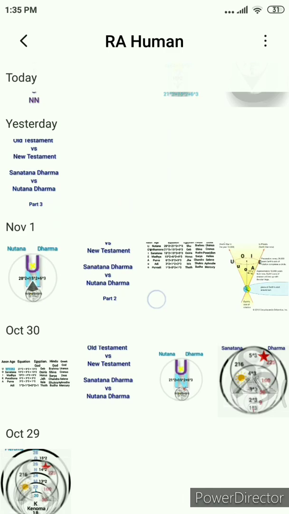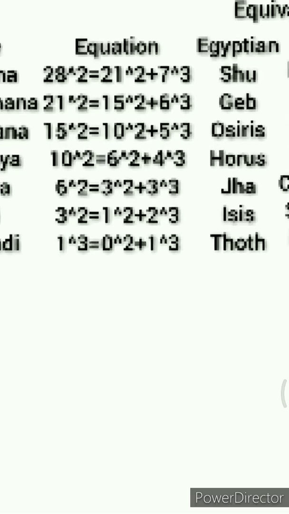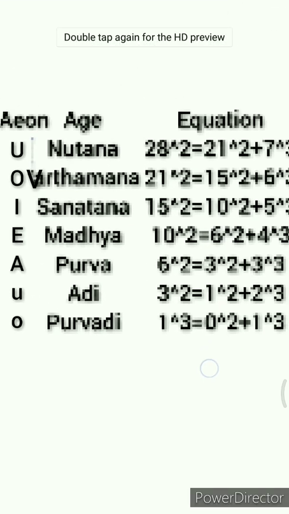Let us go to yesterday's listing, yesterday's association. I associated ion U with 28 squared, ion O with 21 squared, I with 15 squared. So you might have observed by now, you might have realized where the mistake lies.